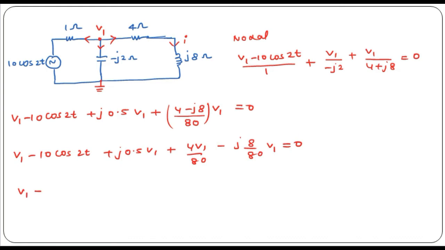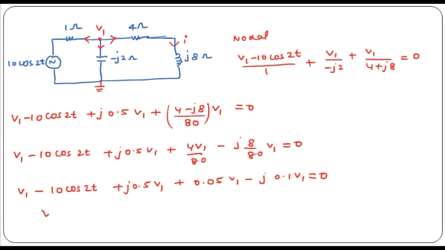So it will be V1 minus 10 cos 2t plus j 0.5 V1, and 4 by 80 is 1 by 20, which is 0.05 V1. This is minus j 1 by 10, that is 0.1 of V1, equal to 0.